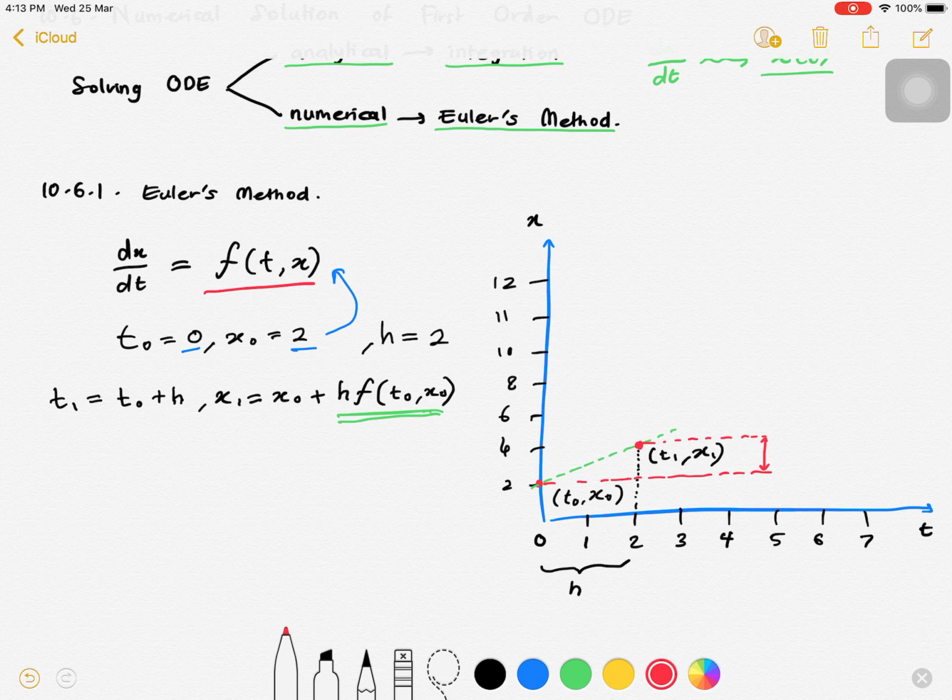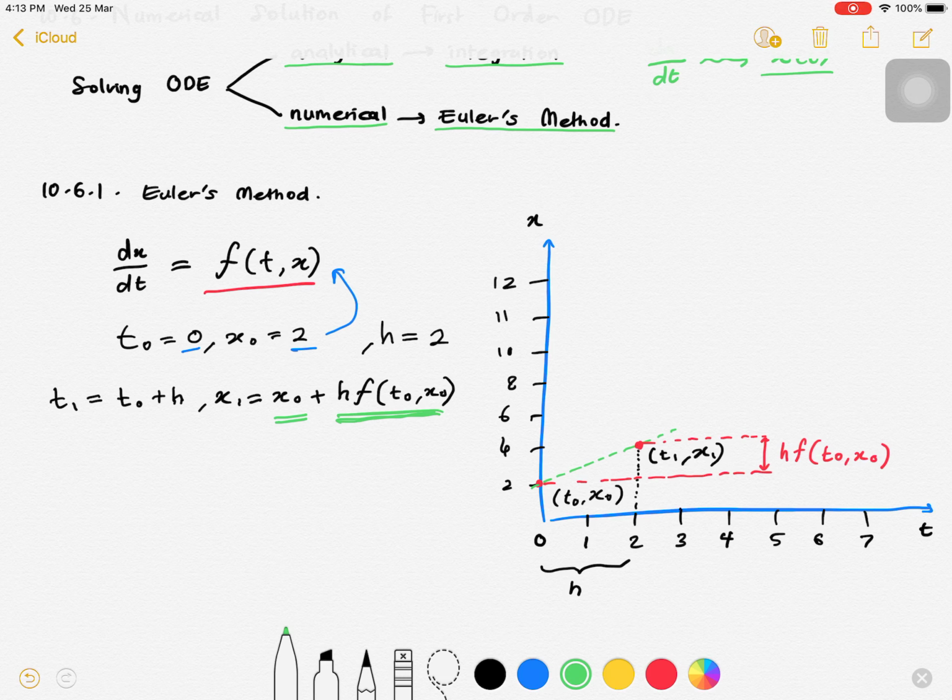So this length is h f of t0, x0. Hopefully you understand that. And when we add this component to this x0, we will get x1. Okay, so that's how we get the second point.